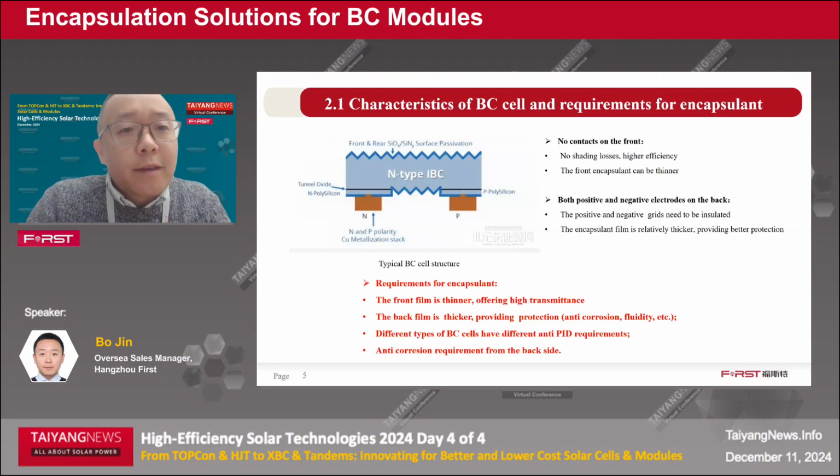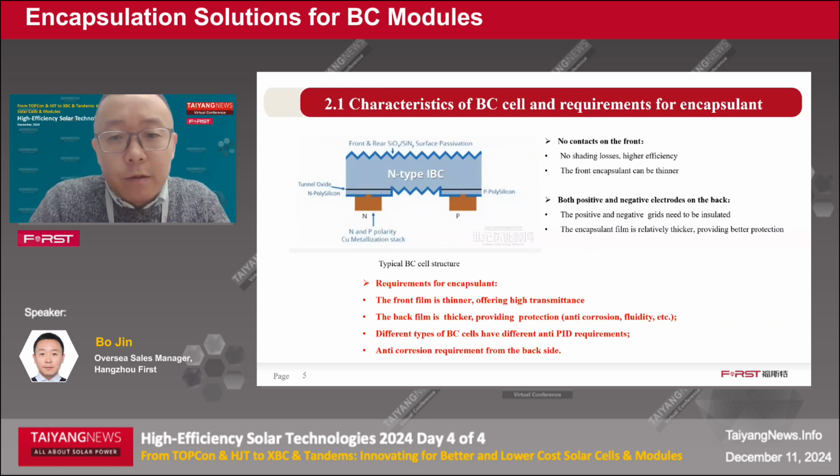So the characteristic of BC cell is clear. On the front side, there are no contacts, so no shading loss is there, and it brings higher efficiency. And on the front, we could use thinner encapsulant. And on the back side, both positive and negative electrodes are there, so they need to be insulated from one another.